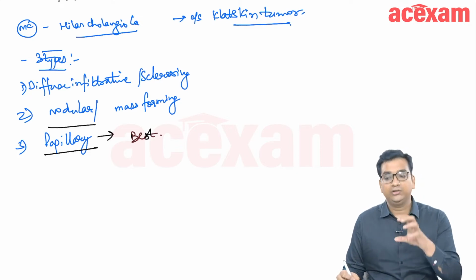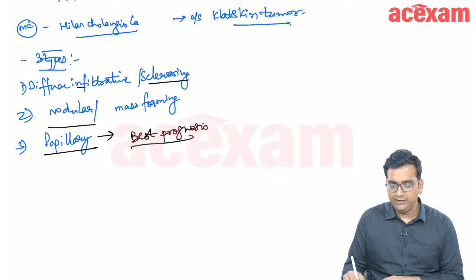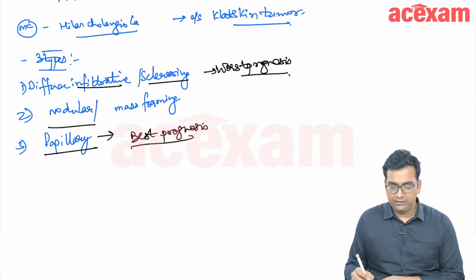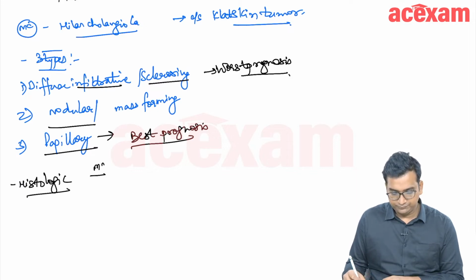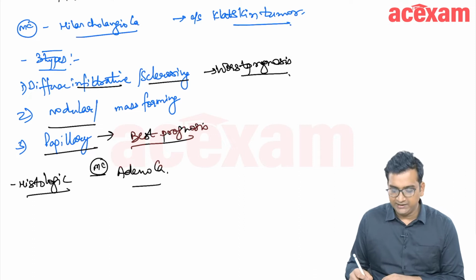This is grossly, okay. So grossly, the papillary type is having the best prognosis, and the sclerosing or diffuse infiltrative is having the worst prognosis among the three. Okay. Then histologically, the most common type is adenocarcinoma, and the tumor markers are CEA and CA 19.9.